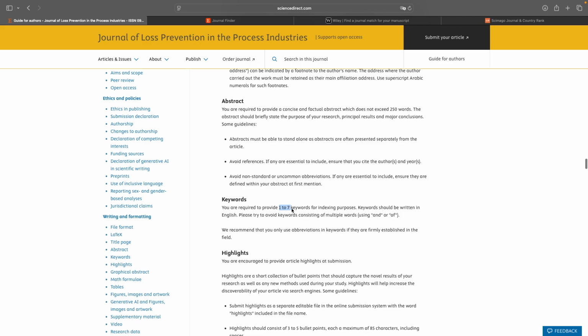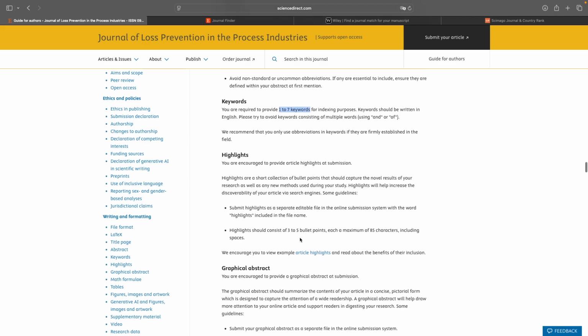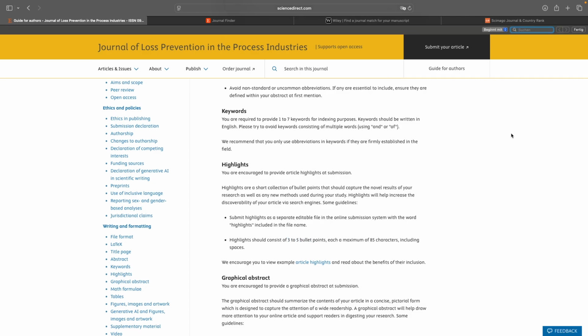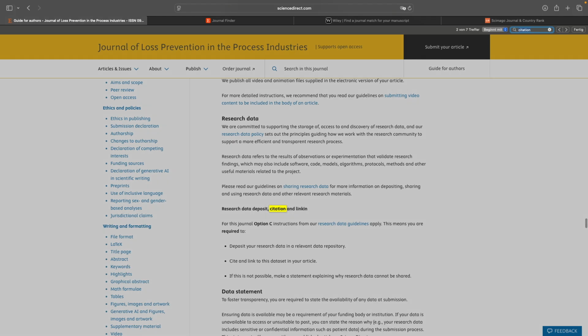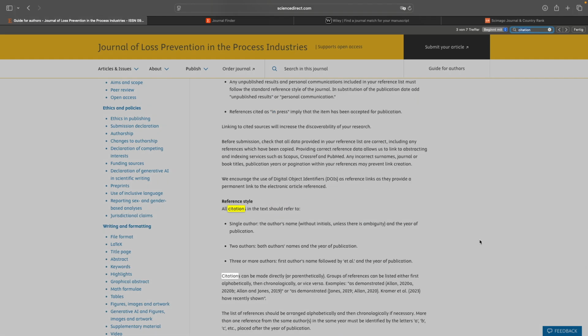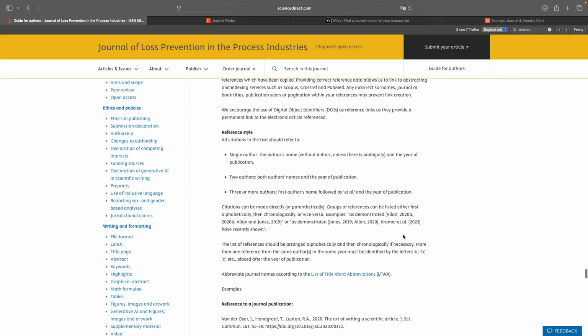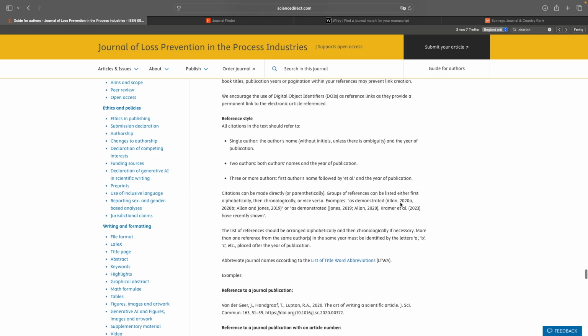You should provide 1 to 7 keywords. If you include highlights, then there should be 3 to 5 bullet points. And also in case of citation, they make clear how the citations should be defined. For example, like this. So you should give a name and an author, a name and a year.